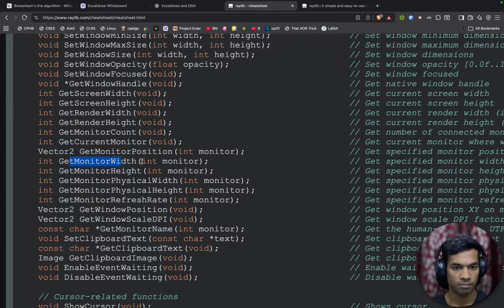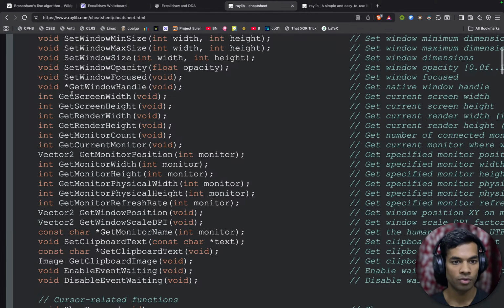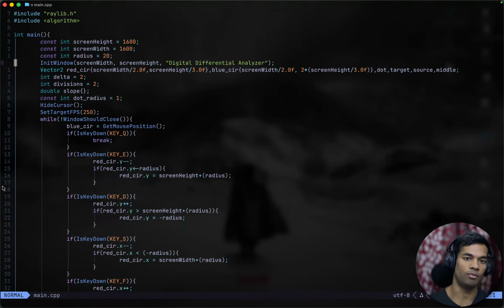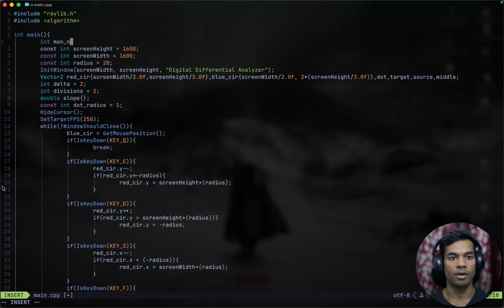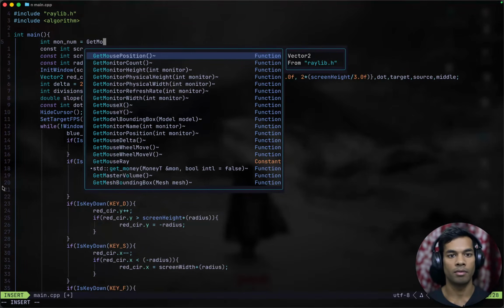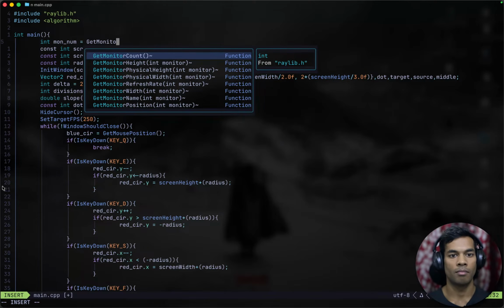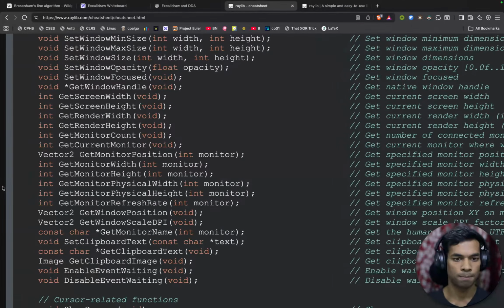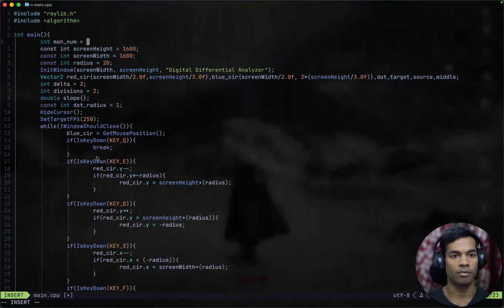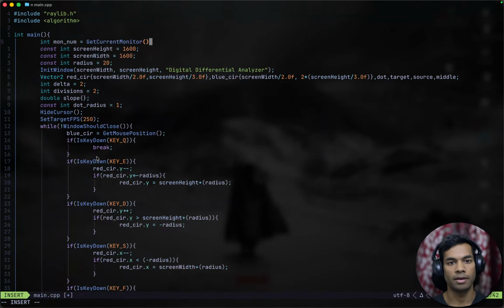So we will use this, and before that we have to call get current monitor. This will return a number. That number we will pass in here, get monitor width and get monitor height, to get the width and height of the monitor, and that will be our thing. Okay, int mon number equals get current monitor.